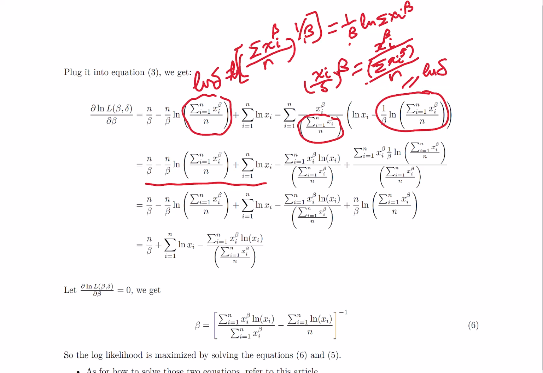Now take a look. This term, we just copy the fourth term. And then the last term, why does this one equal this term? Think about this one, because this term is also a constant term. What I mean by constant here is it does not depend on i, because it's the sum. This is a double sum, so you can take it out.